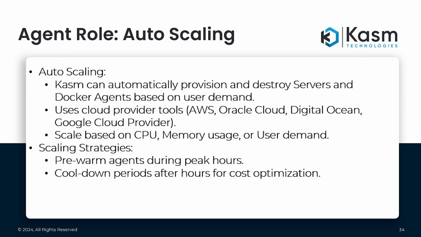Each has their own flavor of how to interact with it, but ultimately, Kasm has the ability to leverage their APIs to go in and provision and spin up additional resources based on demand. And again, that scaling can be based off of CPU, memory usage, or just in general user demand.